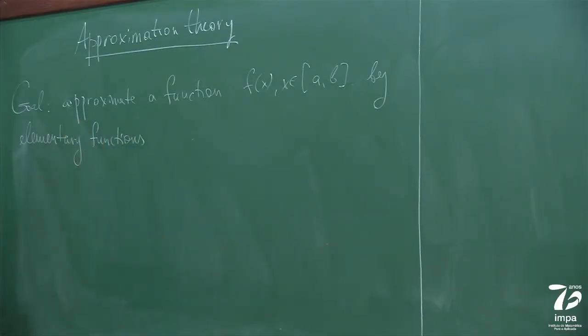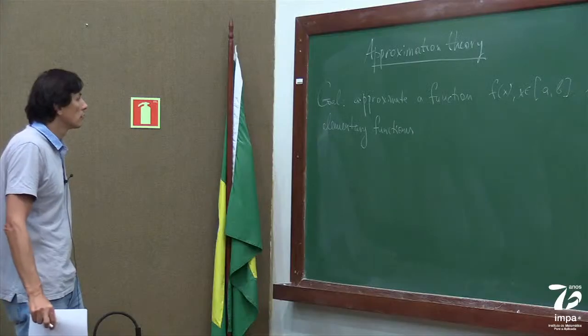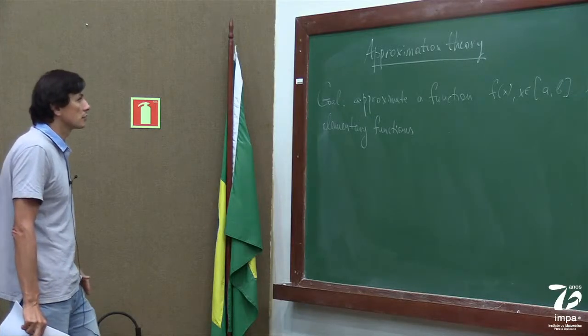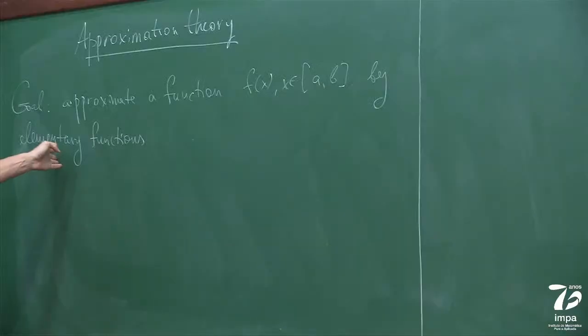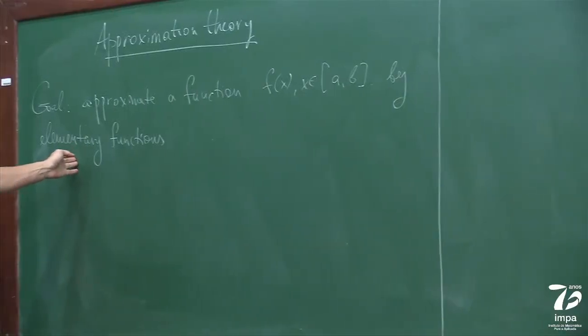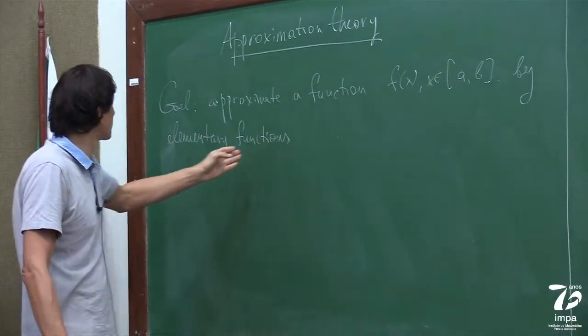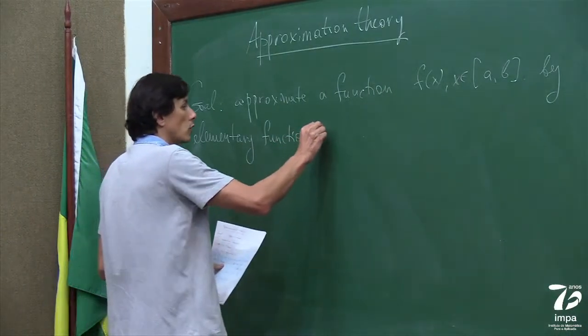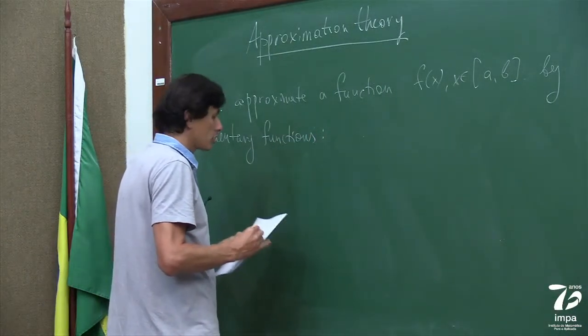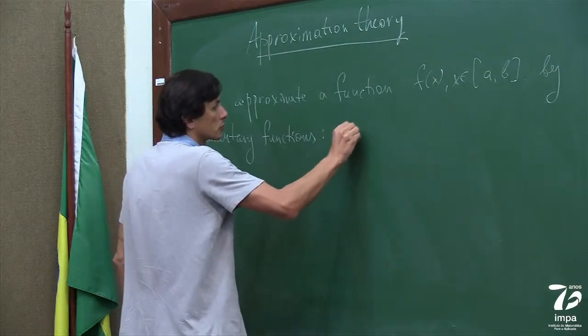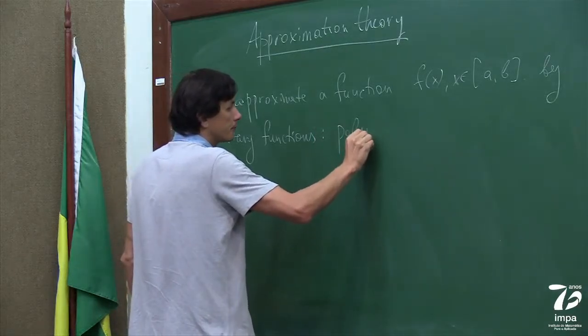So you have a function which is given, for example, by measurement of some data, or just some function that you encounter in some study, and then you want to manipulate or work with it. So you approximate it with elementary functions with which you know how to deal. Elementary functions are polynomials, which we consider today.